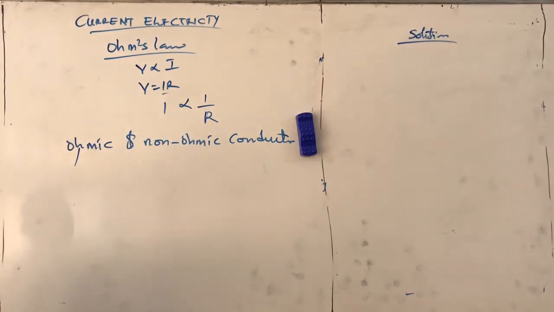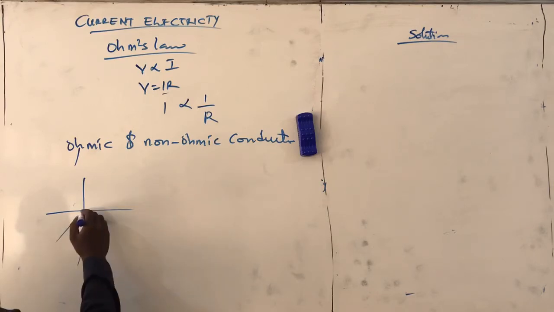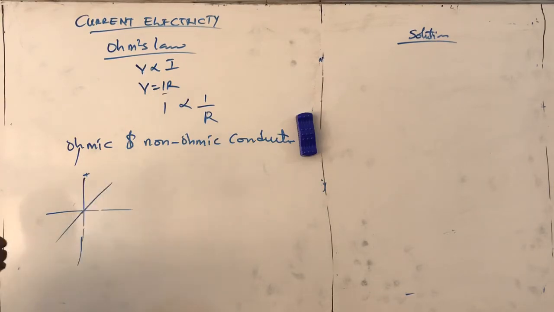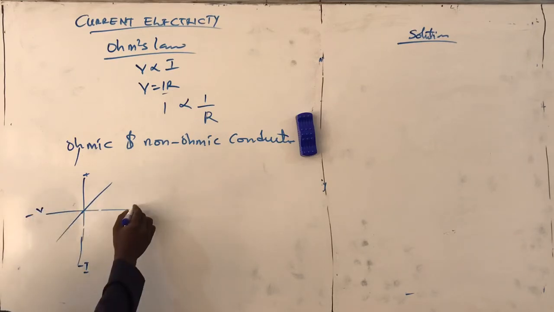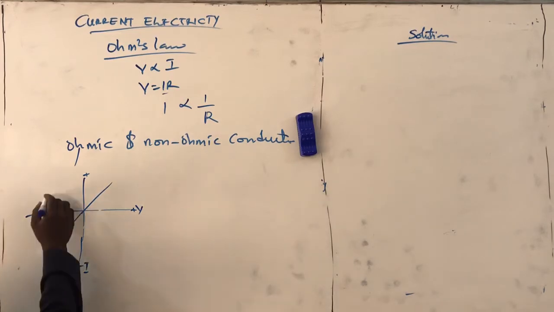If we are to draw the graph for the ohmic conductor, if we have a normal metal, we are going to have something like this. The voltage is negative here, the voltage is positive here. This is for pure metal.